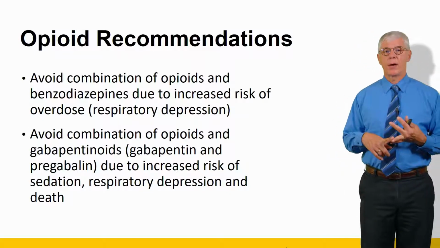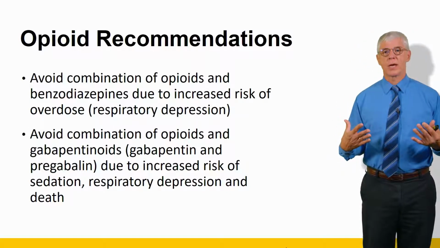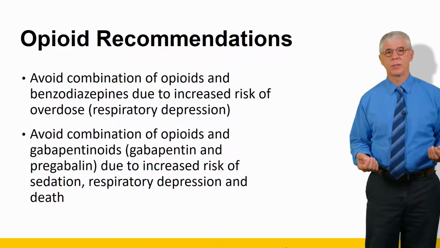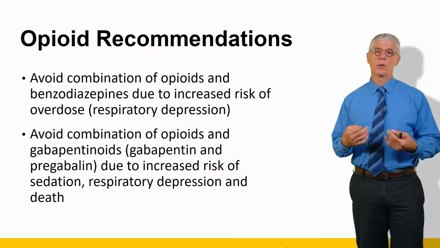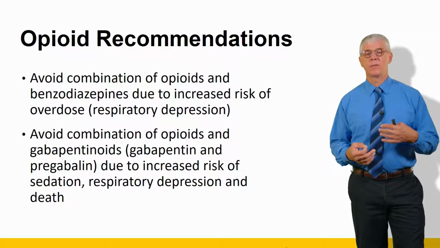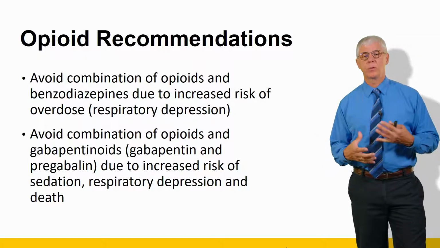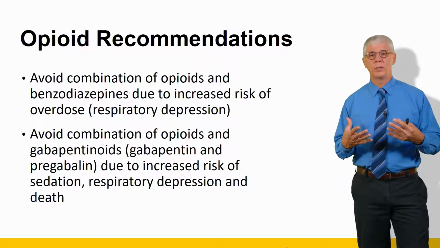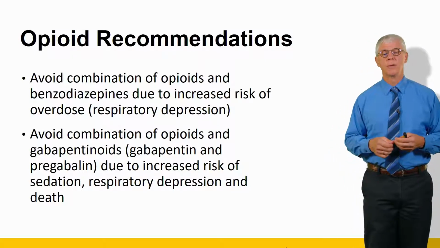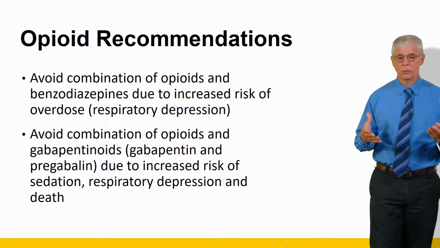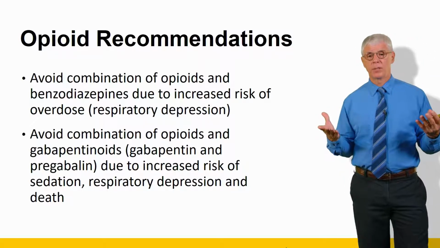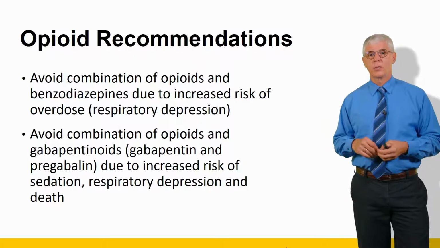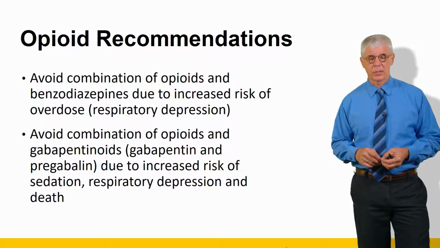And we do know now, and we've known for a long time, that combinations of opioids with certain drug classes like benzodiazepines, things like lorazepam or Xanax, Ativan or alprazolam, when we mix them with opioids, tend to really increase that risk of overdose. And overdose in older adults, and actually all age groups, is often manifested by severe respiratory depression and death. So we want to avoid that combination whenever possible.